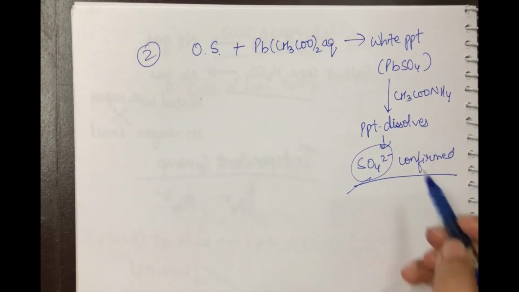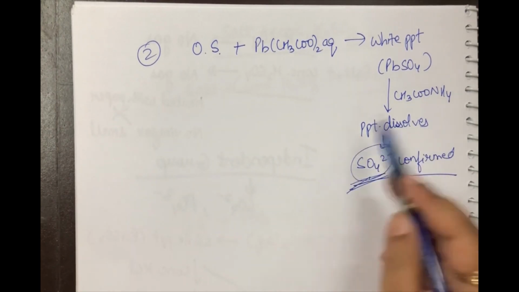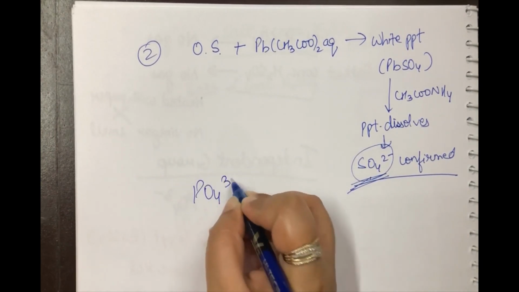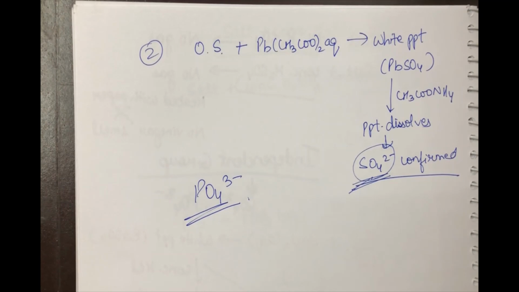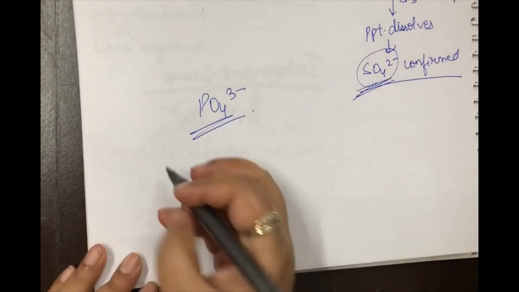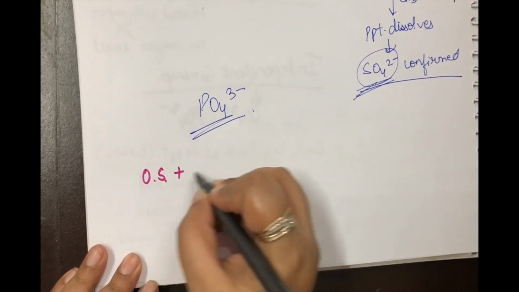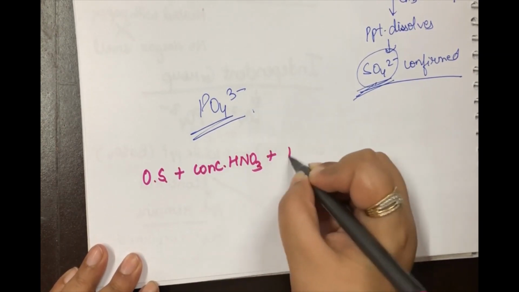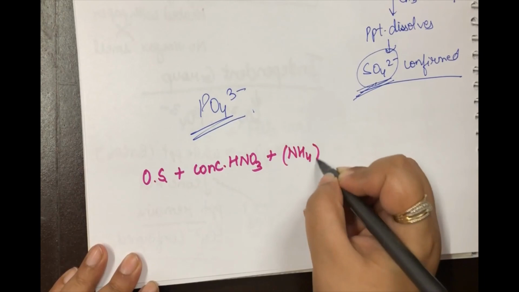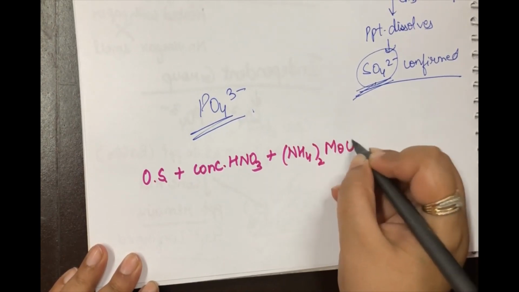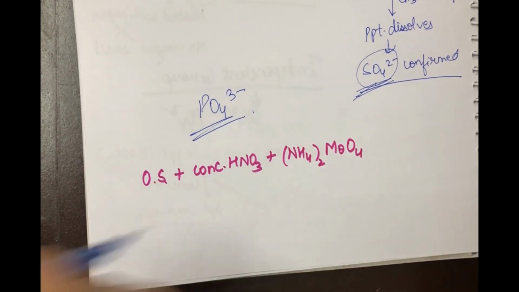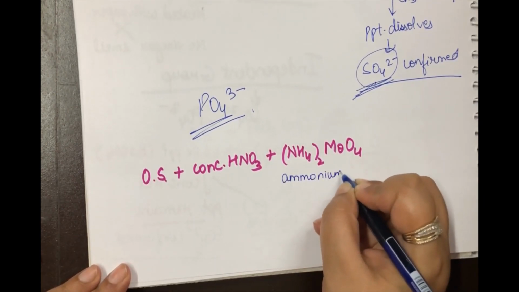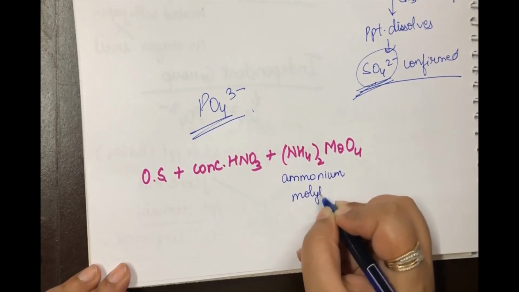But if your sulfate is not confirmed, you do not get a PPT here, then you will have to test for the next and the last anion, that is your phosphate. How will you do it? You will take original solution, you will add concentrated HNO3 and then you will add ammonium molybdate solution.